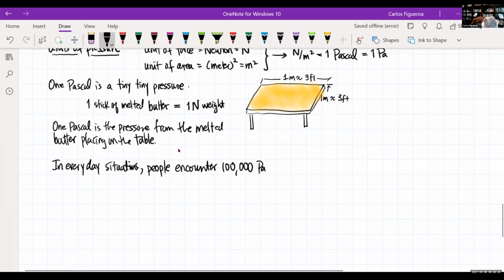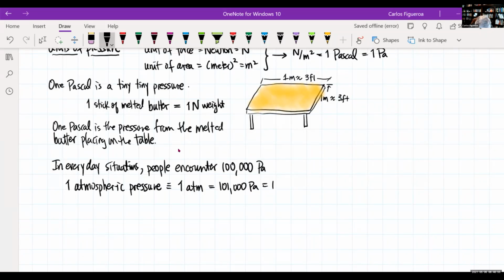It turns out that 1 atmospheric pressure, and sometimes people define this as 1 atm, that's actually the standard notation, this, by definition, is 101,000 pascals, which is also equal to 14.7 pounds per square inch.